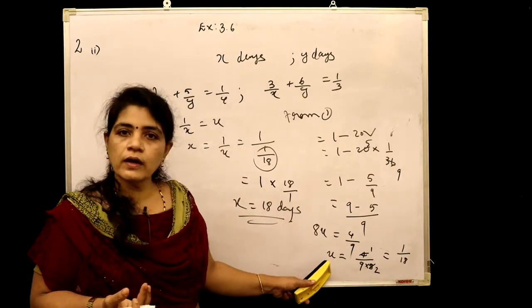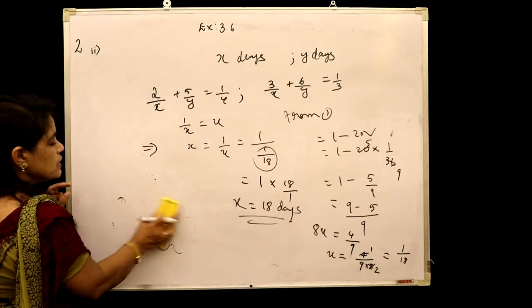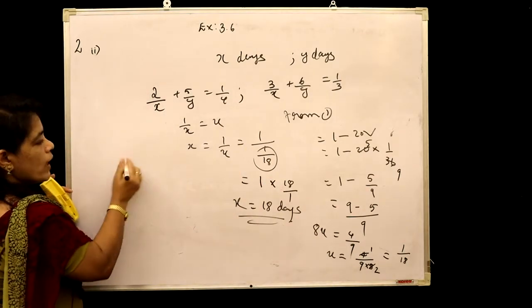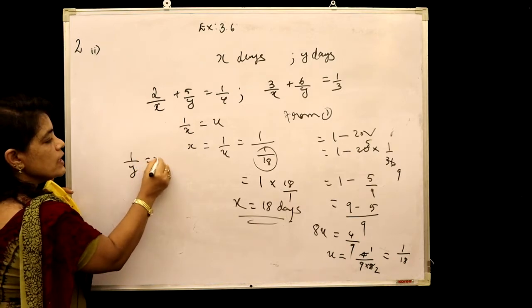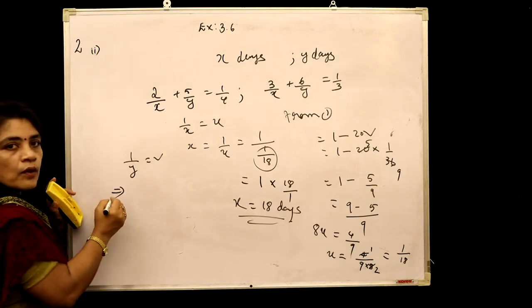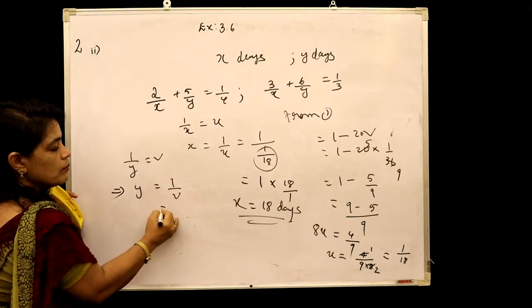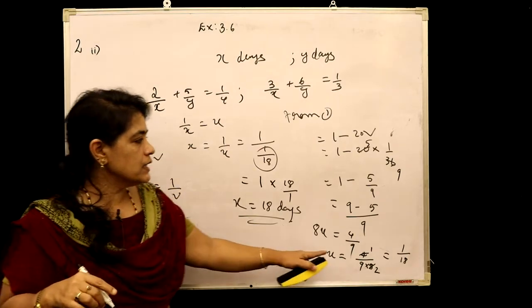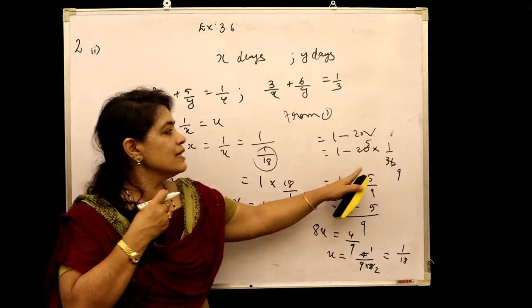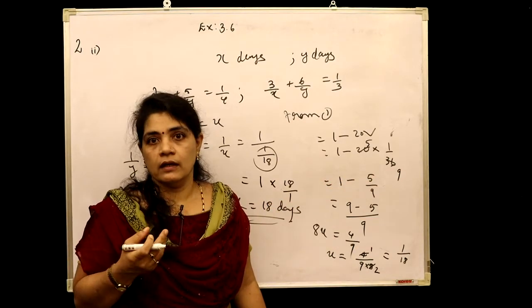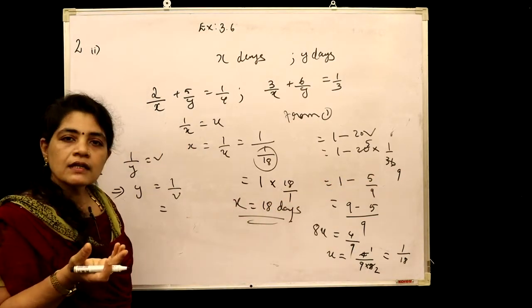In order to get y, how did we substitute? We substituted 1 by y as v. So y is equal to 1 by v. 1 by v is 1 by 36. 1 by 36 is v, and take the reciprocal.